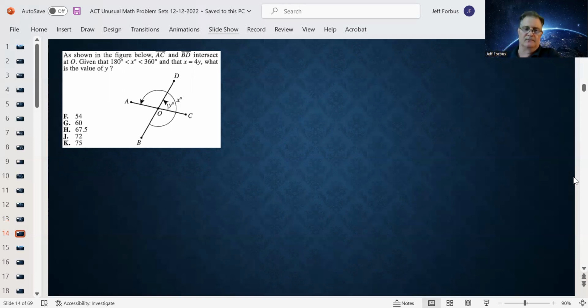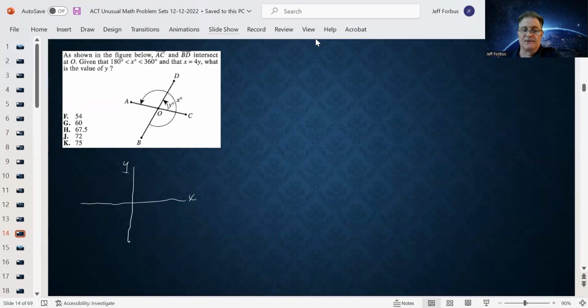Well, you know, people are used to seeing graphs drawn straight like this, straight up and down. This thing is turned at an angle. Don't let that bother you, because there's still 360 degrees around O. You got it?